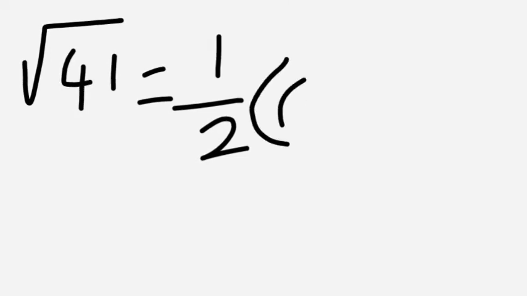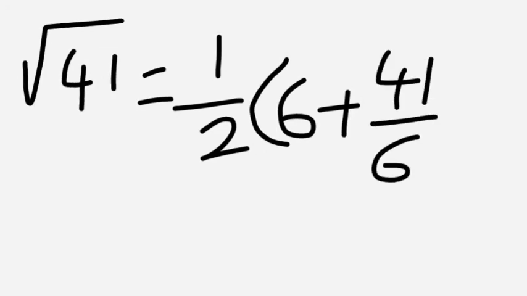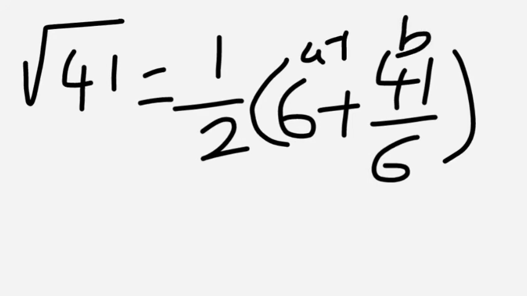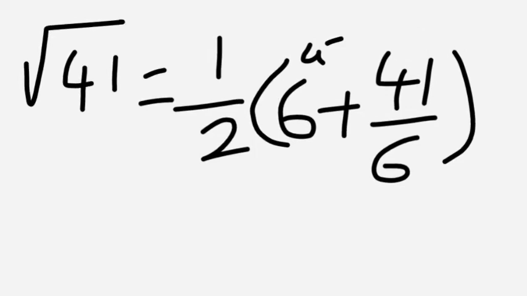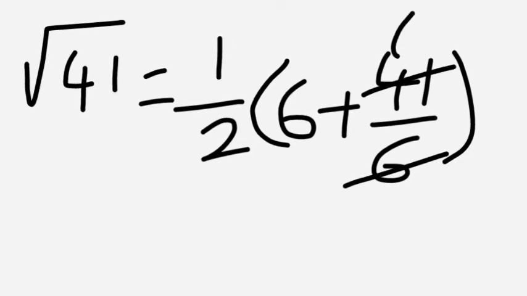So 6 plus the given number b equals 41, 41 by a, so a plus b by a. So 6 plus 41 by 6. 6 goes exactly 6 times, so 5 still remains.